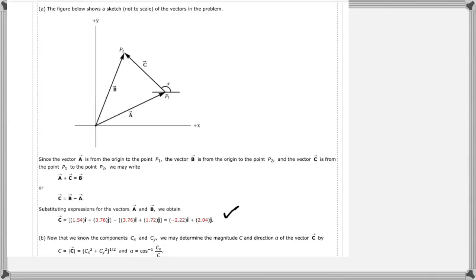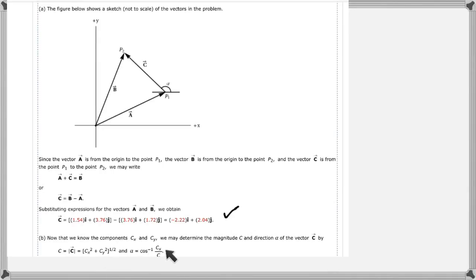And then to find the magnitude, all you got to do is add up their squares and take the square root. So that would give you the absolute value, or the magnitude.